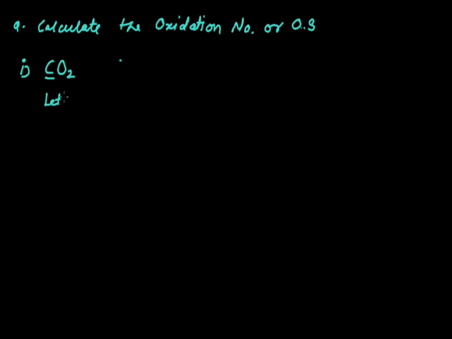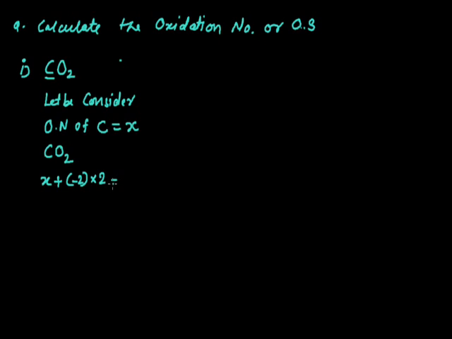Now let me consider the oxidation number of carbon is equal to X. According to the formula CO2, we put the oxidation number of carbon, X, plus OS of oxygen, which is minus 2, and there are 2 atoms of oxygen present, so we multiply it by 2, and it is equal to the total charge, and the total charge on a neutral molecule is equal to 0.